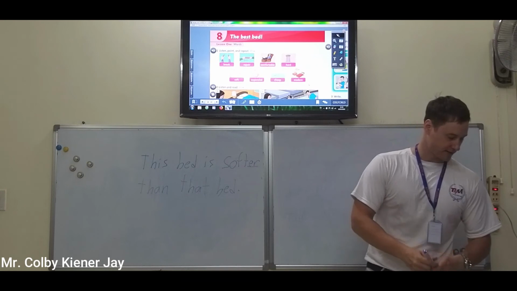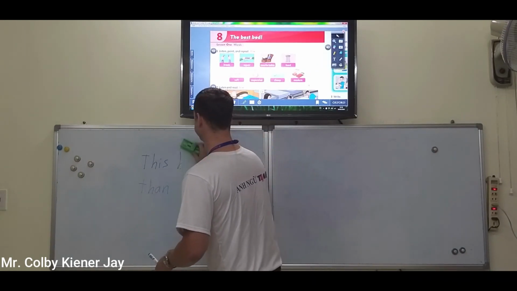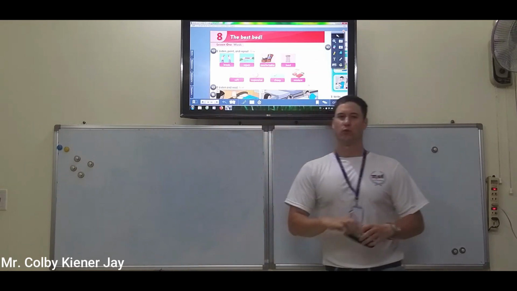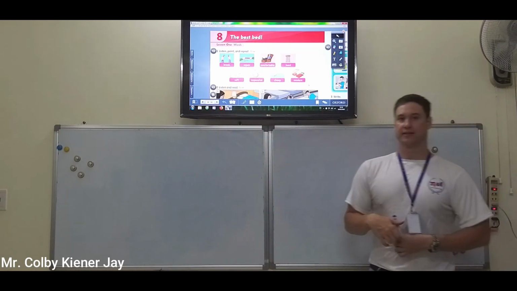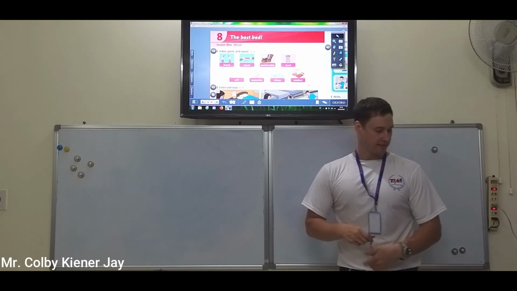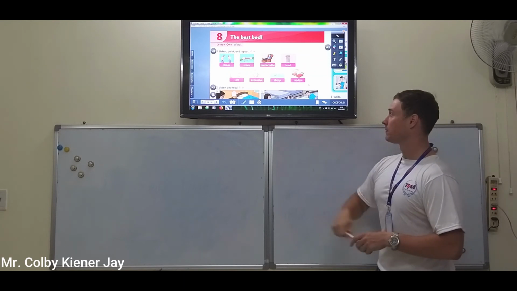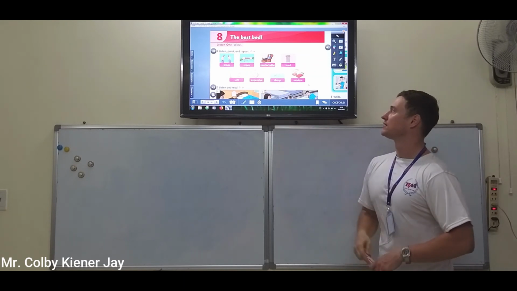It's a simple comparison. Now try to think of one more on your own. Take the adjective soft, make one superlative sentence, one comparative sentence. And then let's move on to one of these words.